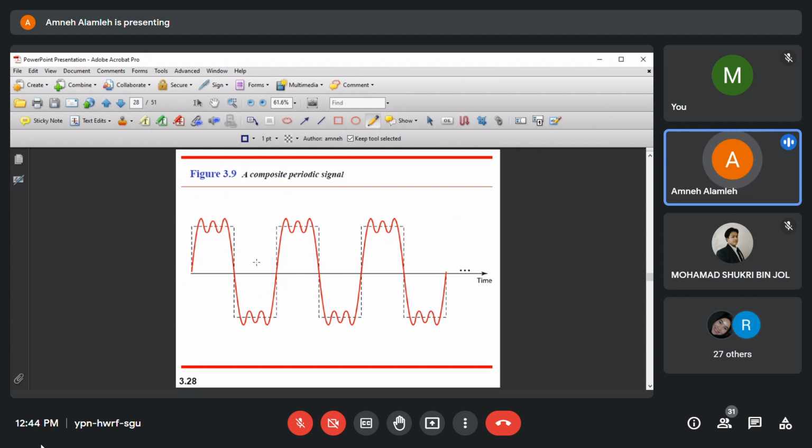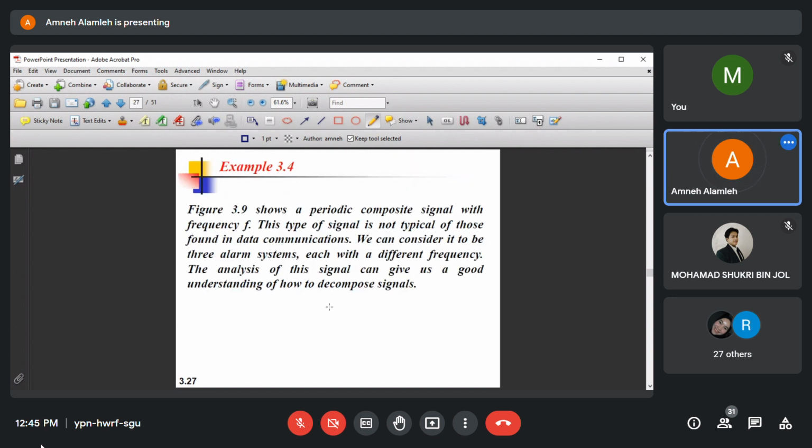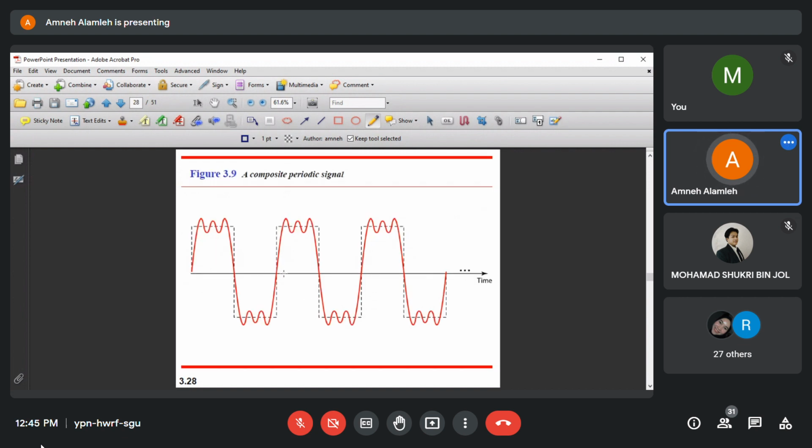If we focus, this is a composition of three signals with different frequencies. This frequency is different from this, this is another one, and this is the discrete one.